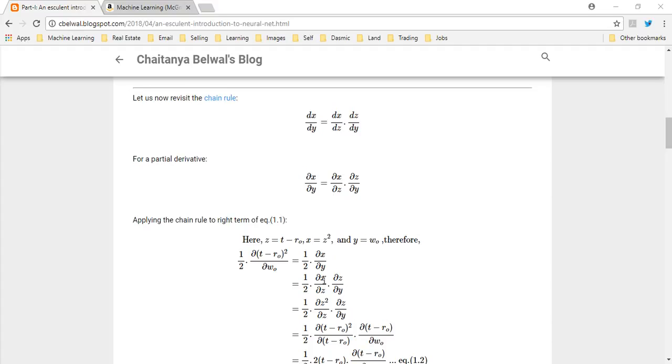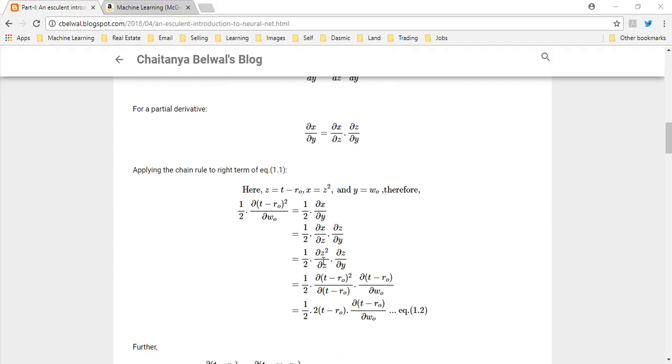Now we replace the value of x with z square, and then we leave z and y as is. Then we put the value of z, which is t minus r0, which becomes (t minus r0) square, times (t minus r0) upon w0. Now you'll recall we could have actually done a simplification here.